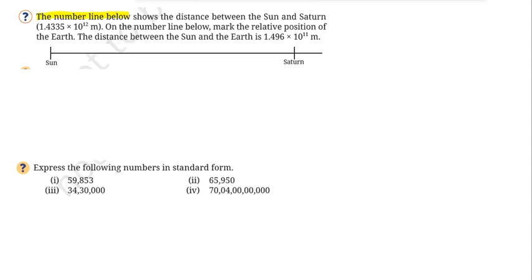The number line below shows the distance between the Sun and the Saturn, which is 1.4335 into 10 to the power of 12 meters. On the number line below, mark the relative positions of the Earth. The distance between the Sun and the Earth is 1.496 into 10 to the power of 11 meters. तो Sun और Earth के बीच में कितना distance है 1.496 into 10 to the power of 11, right?